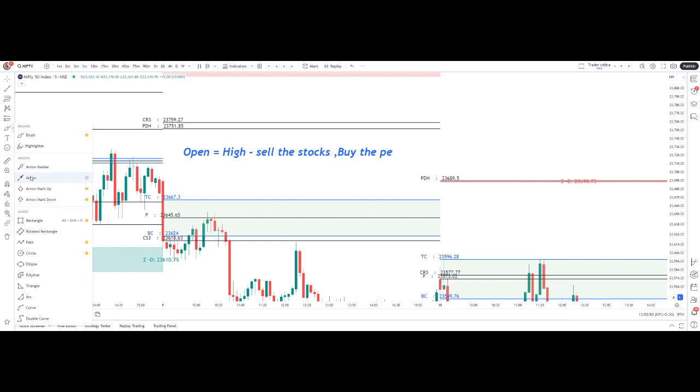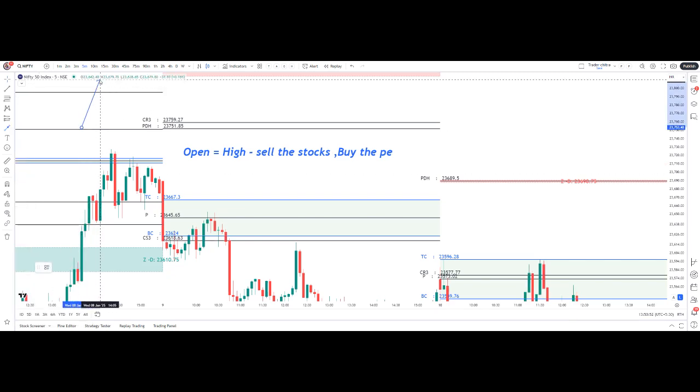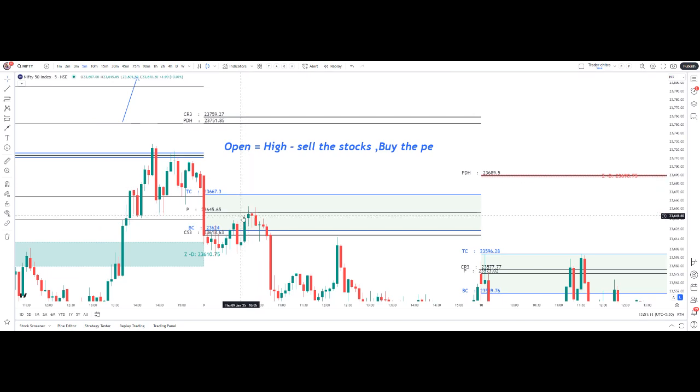I will put an arrow mark here, you can look into it. So the open price is 23,689.50 and high also remains 23,689.50 for the first 5 minutes candle. So in this case you can look for buying the put option.